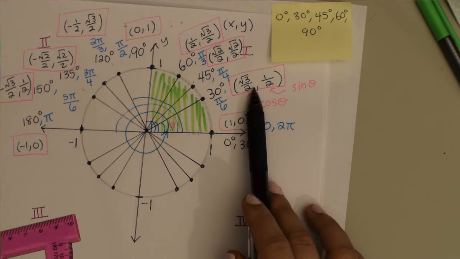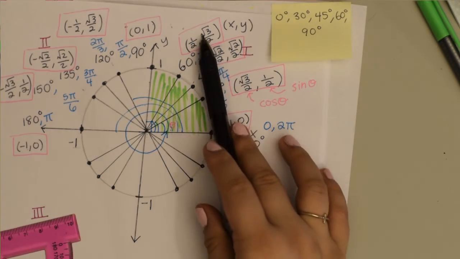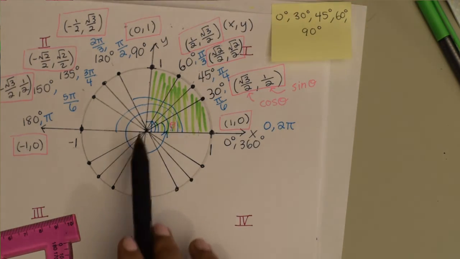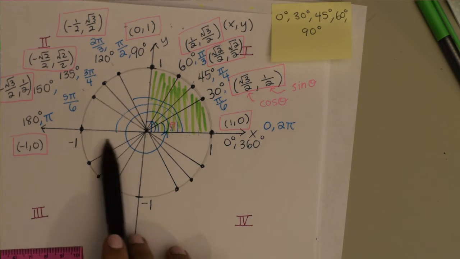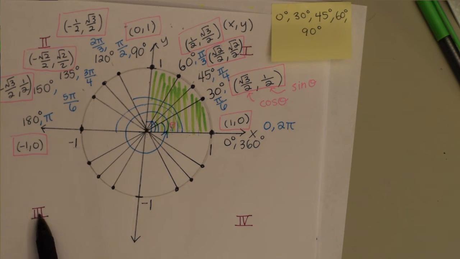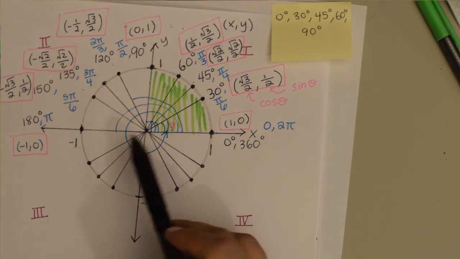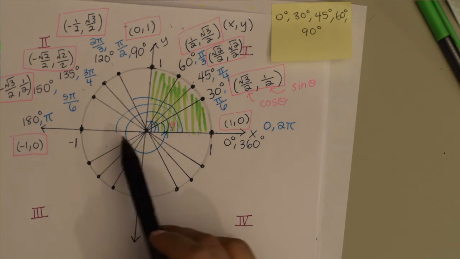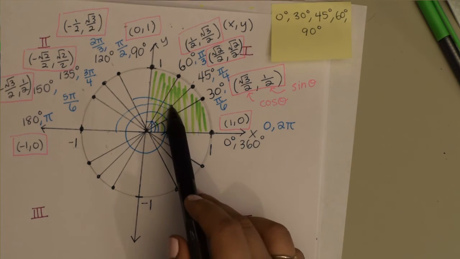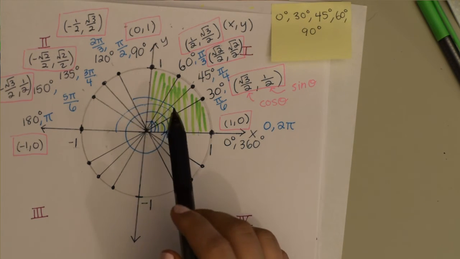we can keep the same coordinates, but we need to keep track of what's negative and what's positive. So for quadrant 3, we have, well, let's write out our angles first. So this is going to be 30 degrees, okay? So it's always going to be this 30, 45, 60 pattern.